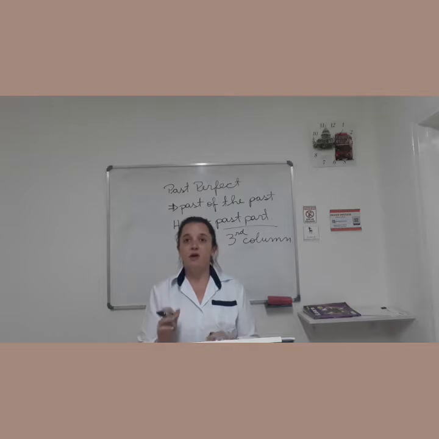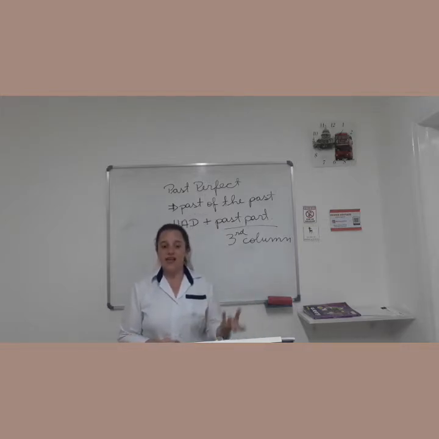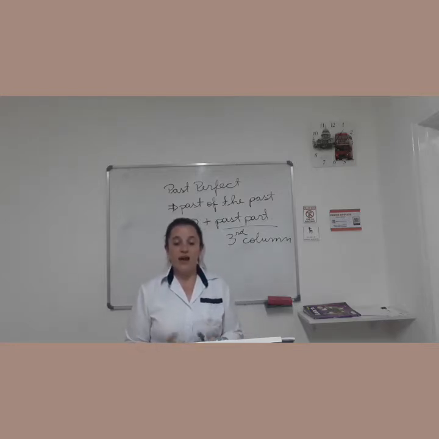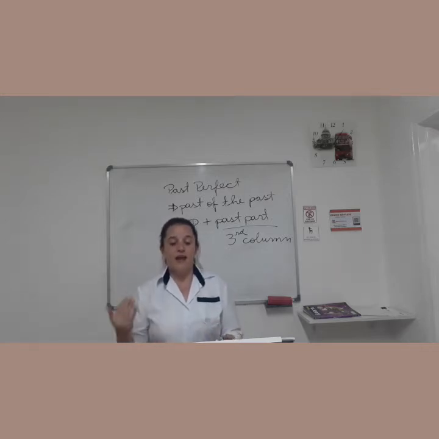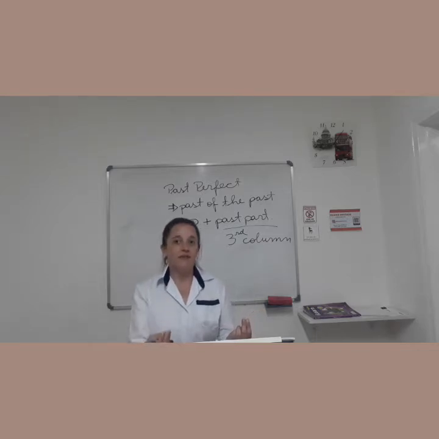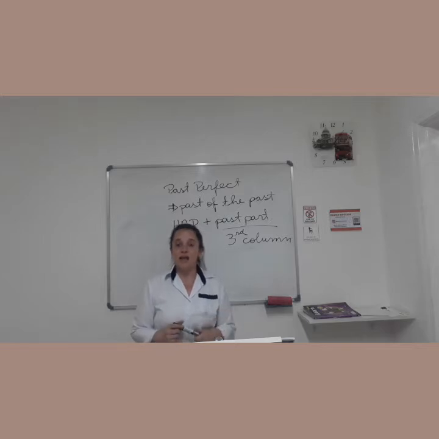About the past perfect on that extra activity that we have sent you. Number 1, choose the correct verb in each sentence. I became or I had become interested in science after I visited or had visited the Science Museum in London. First, we have to decide what happened first, that's past perfect, and what happened after that, that's the past simple. I became interested in science.